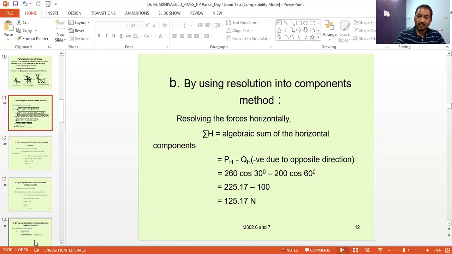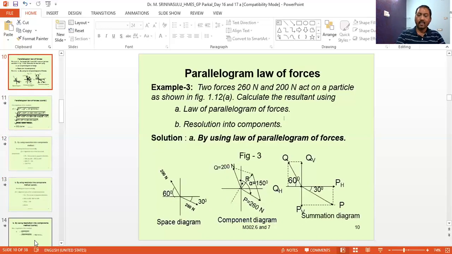And coming to the force Q, here the vertical component of the force Q is equal to Q into sine 60, because the angle is 60 degrees with horizontal. Now here Q into sine 60 is acting upwards, so it is in the positive direction.